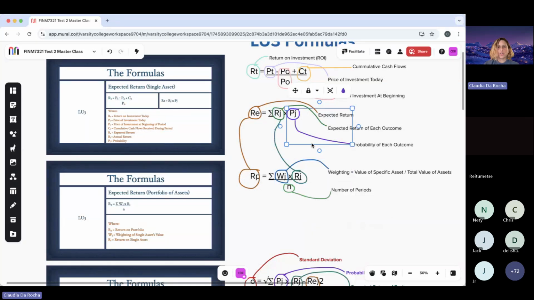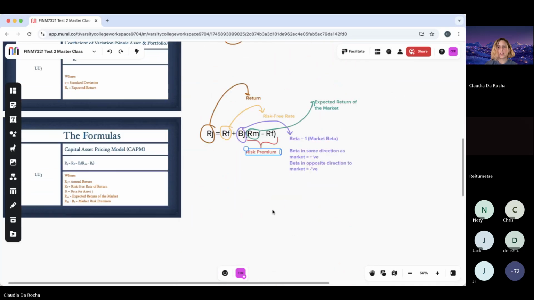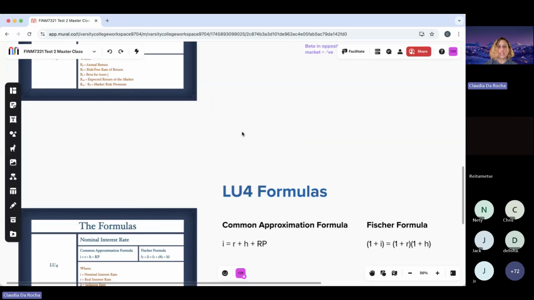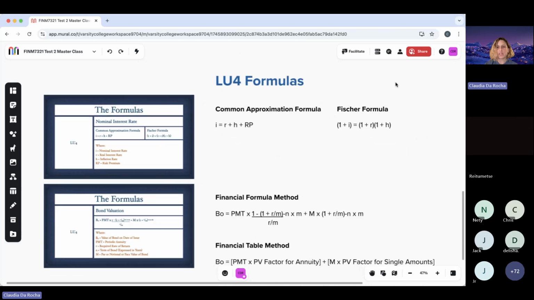All right, so let's go to the next set of formulas. LU4, or Learning Unit 4 formulas.